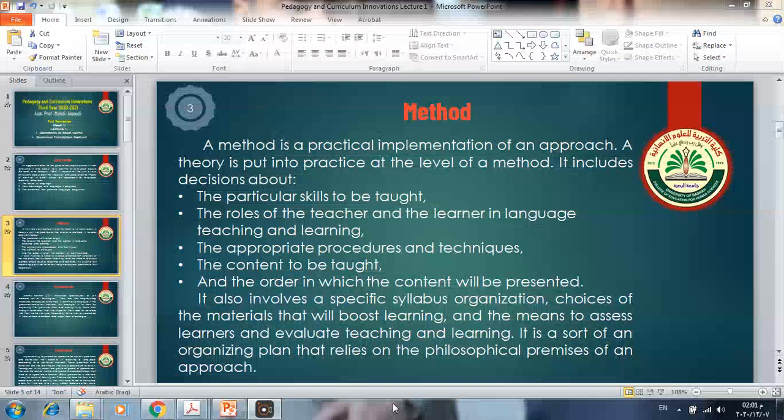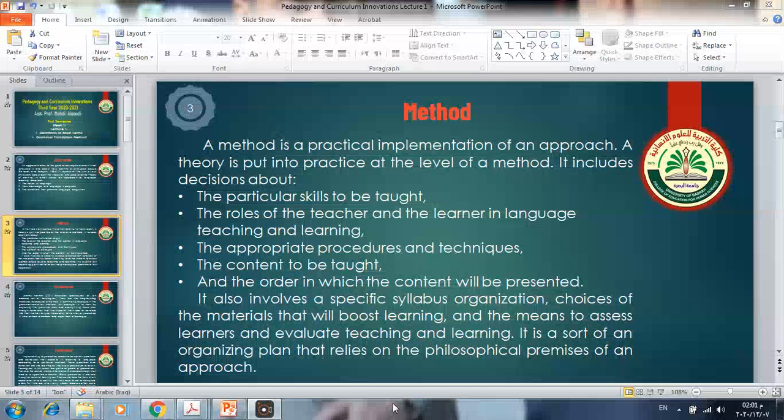It is a sort of an organization plan that relies on the philosophical premises of an approach. So the method takes its basic ideas from the approach. It implements the premises of the approach and puts them into practice.